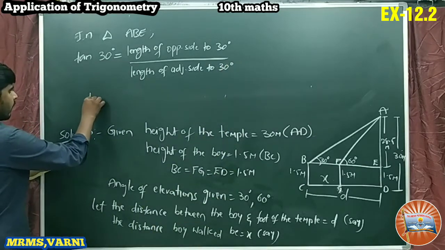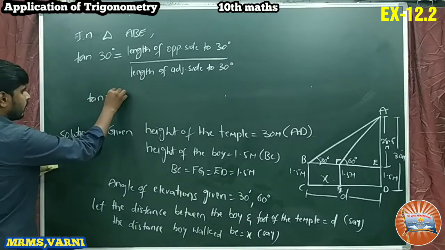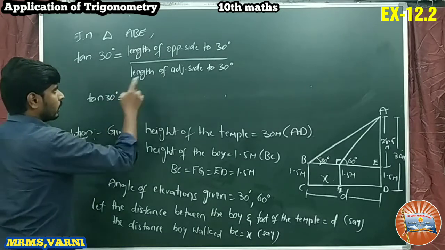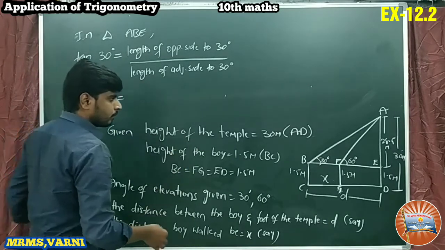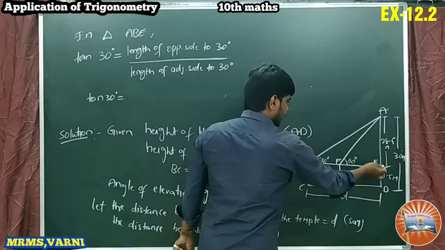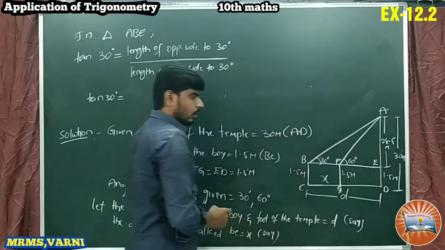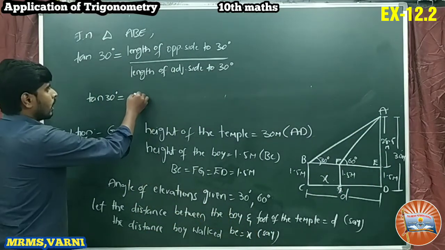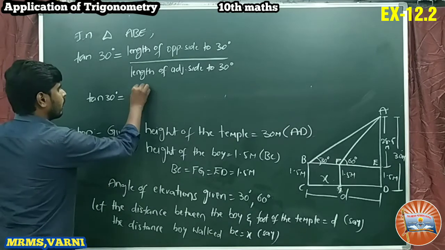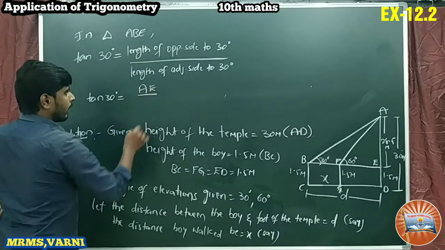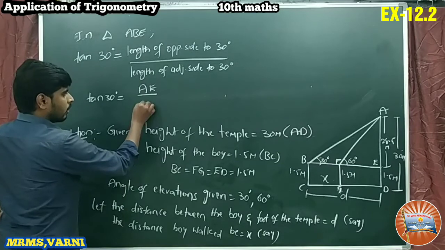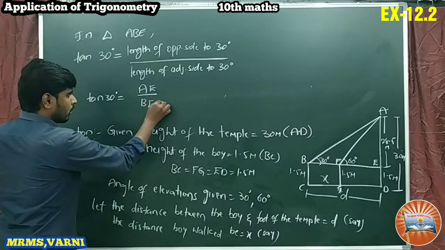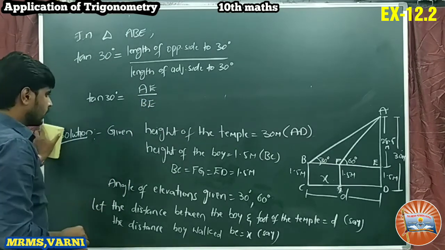The opposite side is AE and the adjacent side is BE. So tan 30 equals AE by BE. Is it clear?